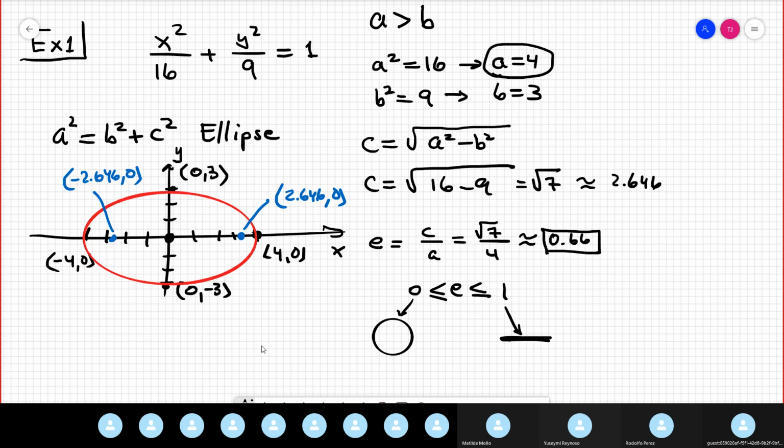By the way, the foci are always located on the major axis. c is the square root of a squared, 25, minus 9. Okay, 16. So c is 4. Easy. The foci are located at the points 0,4 and 0,-4. Super good.